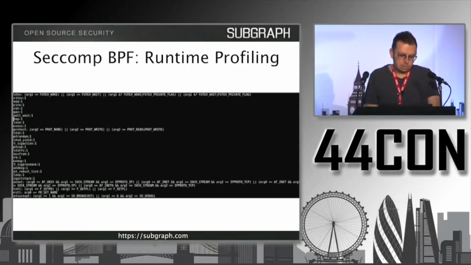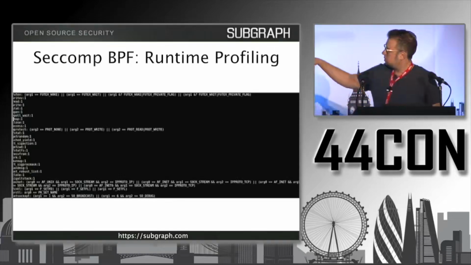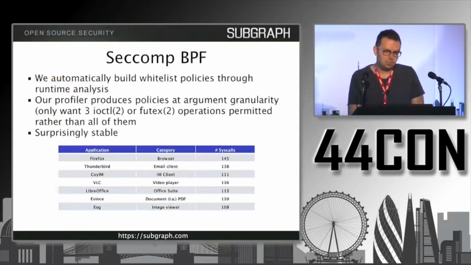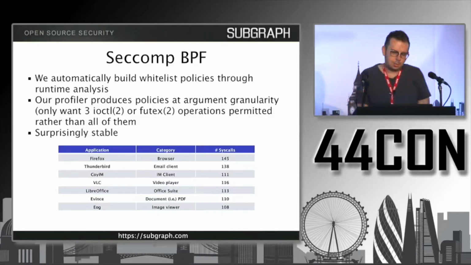Or setsockopt, this culprit system call, we only allow it to be used in the very specific way that we saw the process using it. And that's enforced. So if the process goes wayward and tries to call it another way, it will get killed by the kernel. It will be logged, and actually you would see that little pop-up that you saw.